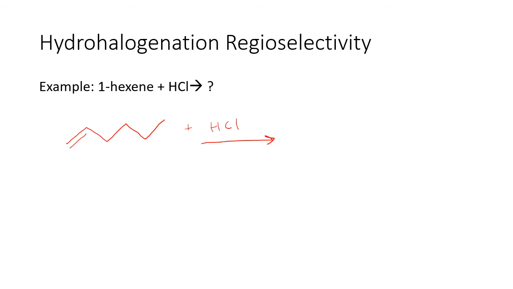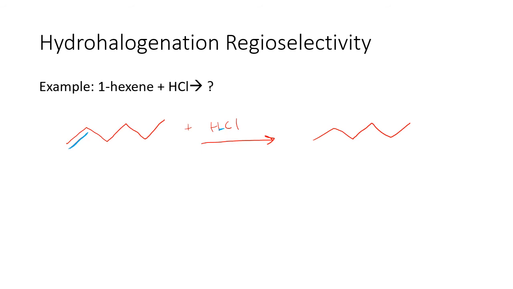We have to decide where those groups are going to go. We know we're going to break the bond that's in between hydrogen and chlorine, and we're going to break the pi bond. So what we're going to form are two new sigma bonds, and we're going to place our hydrogen on the least substituted side and our chloro group on the more substituted side.